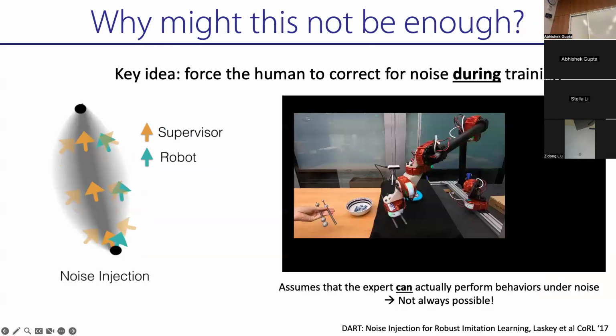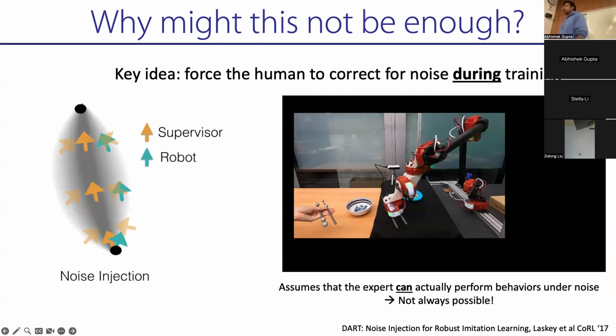Okay. The issue with this is that in certain scenarios, you can't actually afford to have noise. Imagine that you're doing robotic surgery or precision manufacturing. I can't have my robot jittering. It's not acceptable for data collection just because of the precision requirements of your problem.